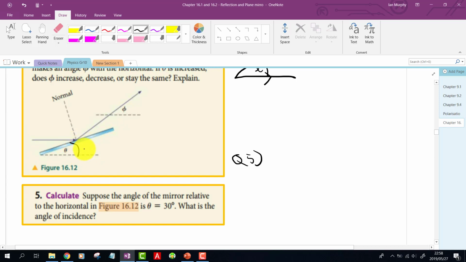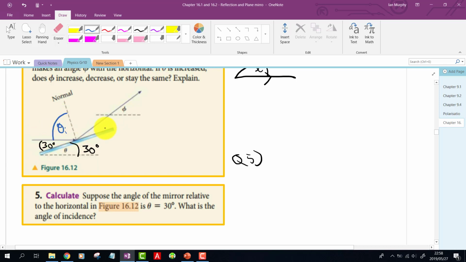They say that this angle is equal to 30 degrees. That means that that angle is going to be equal to 30 degrees because of the Z rule, which I explained before. They're asking us what is the angle of incidence. So the angle of incidence is this one, between the normal and the incoming ray.